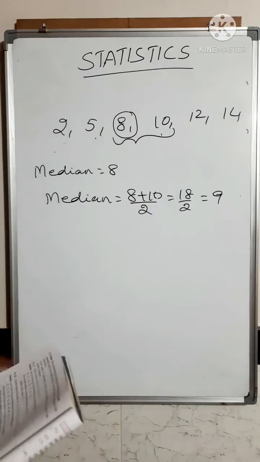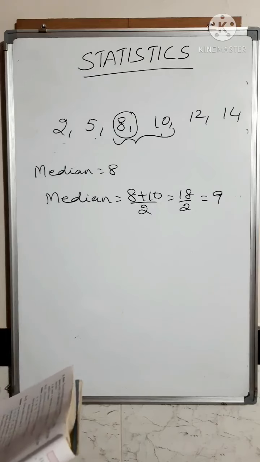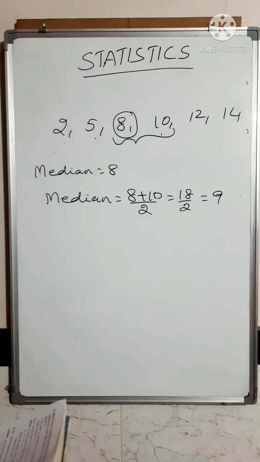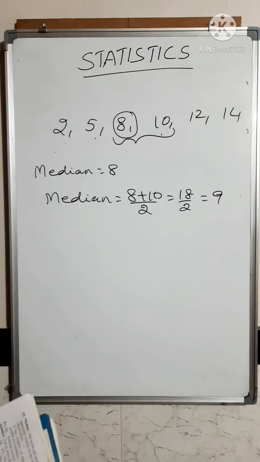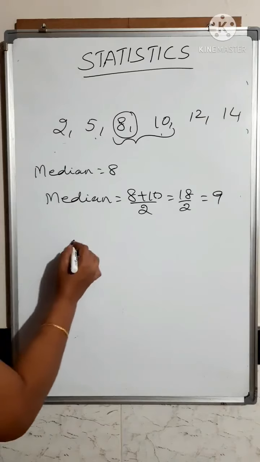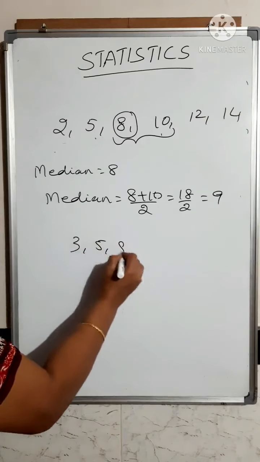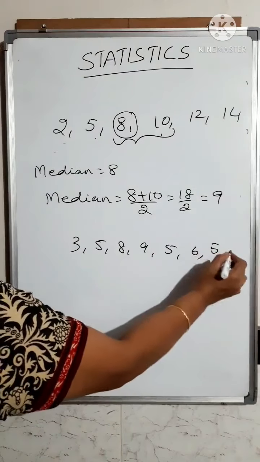Now next you have got what is a mode. Mode is nothing but the score that is repeated maximum number of times is called the mode. Whichever score is repeated many number of times, maximum number of times, that is called the mode. Now suppose you got 3, 5, 8, 9, 5, 6, 5.